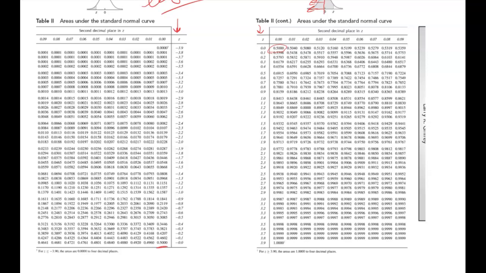So, -0.21. So that's -0.2, and 0.01 looks to be 0.4168.